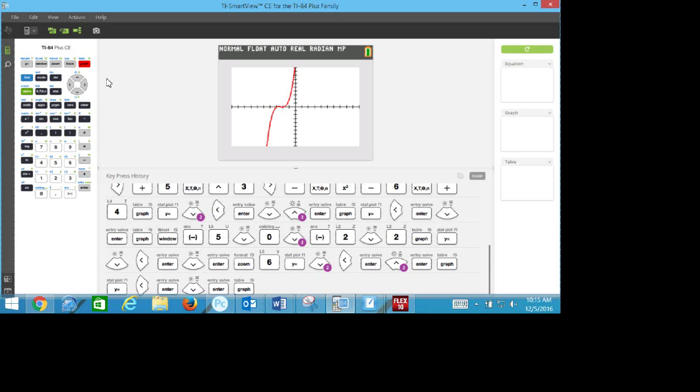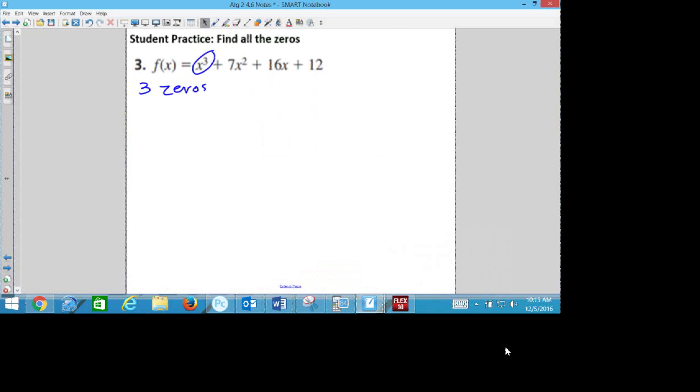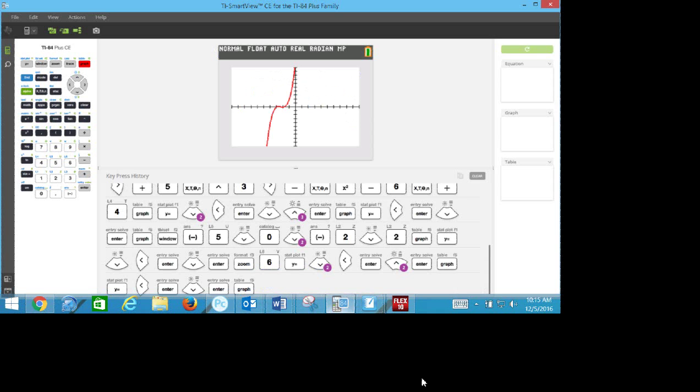Only the x-axis is what we're looking at. So where do we think they are? -3? Do either of them look repeated? No.